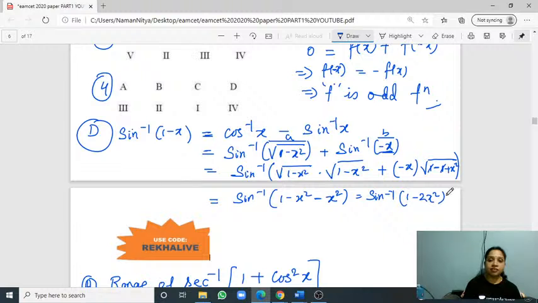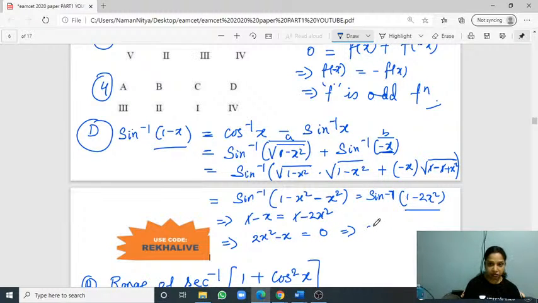So now both the sides we have an equation, you will get the x value. If I am solving this, what am I getting? 2x square, obviously this 1 will get cancelled, minus x equal to 0. So from here x is nothing but 0 and half.